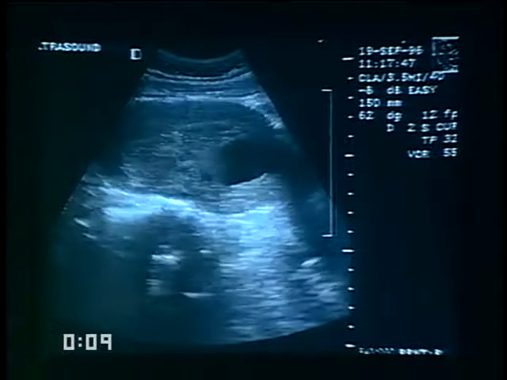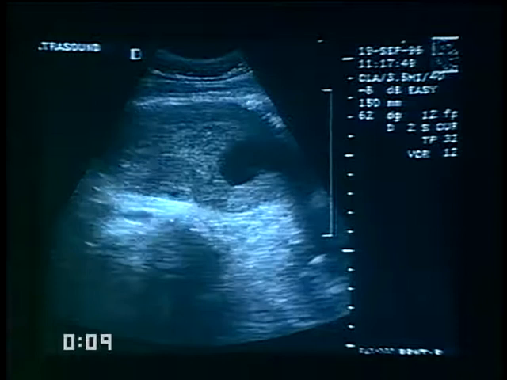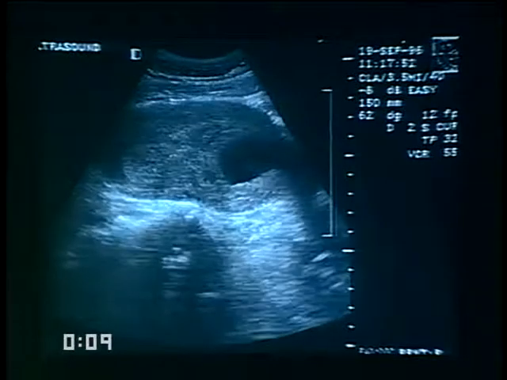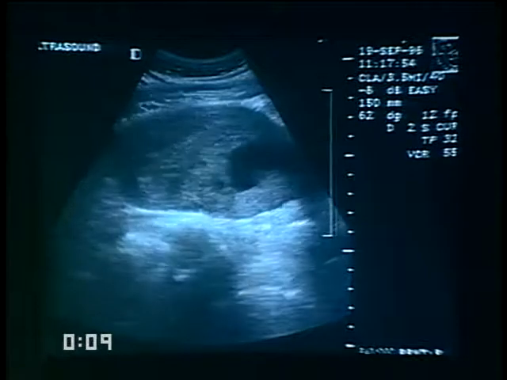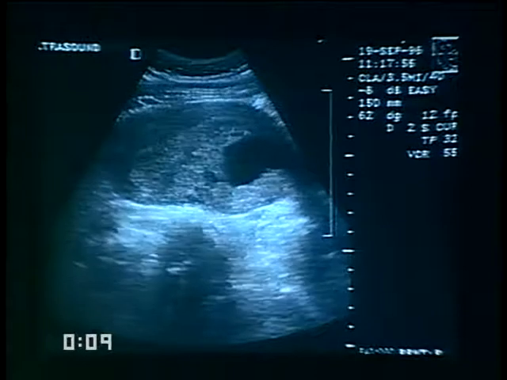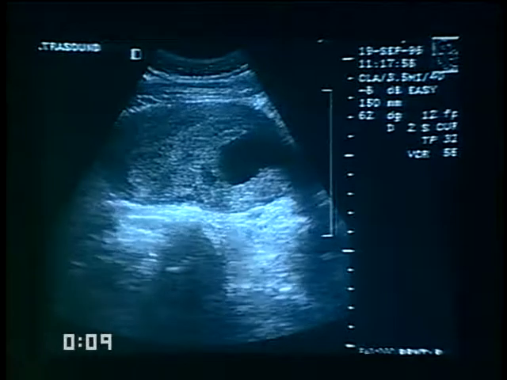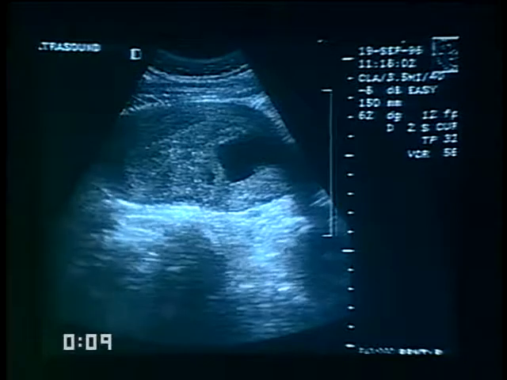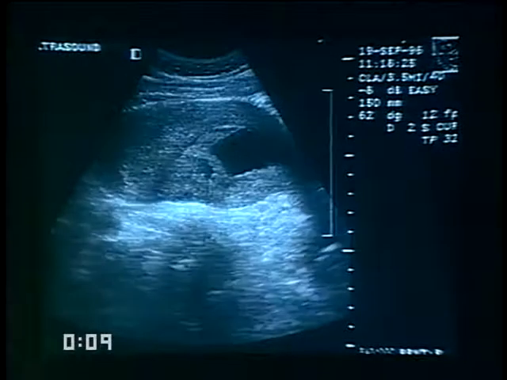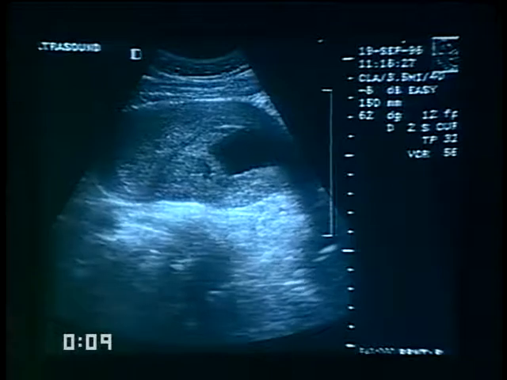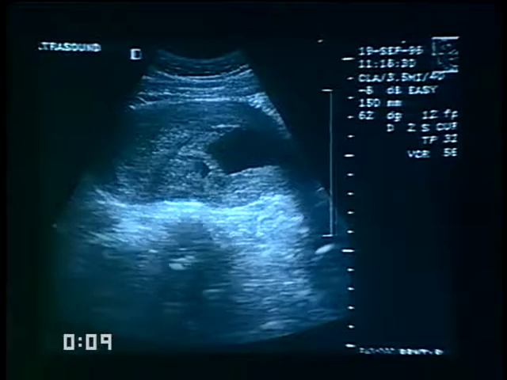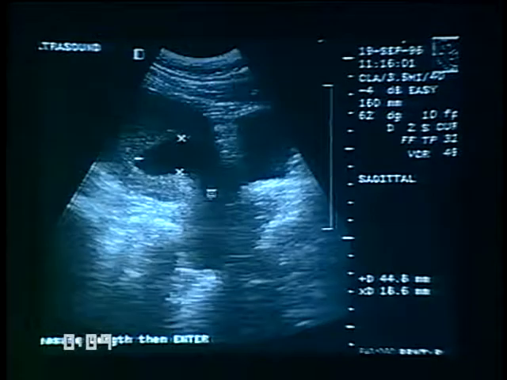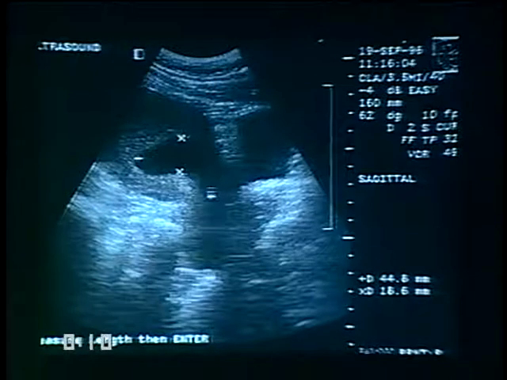There's an intrauterine fluid collection. We're measuring the size of the fluid collection.